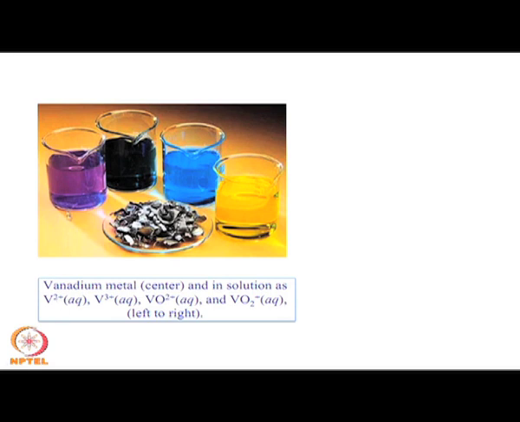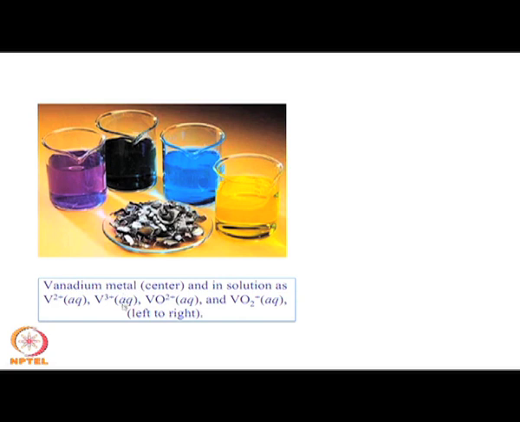So, VCl2 in solution has a violet coloration, and it can be easily characterized as the vanadium +2 state. For that we have a typical crystal field splitting parameter, and the vanadium 2+ electrons give rise to different transition energies, which is why the solution color is different from the other 3.